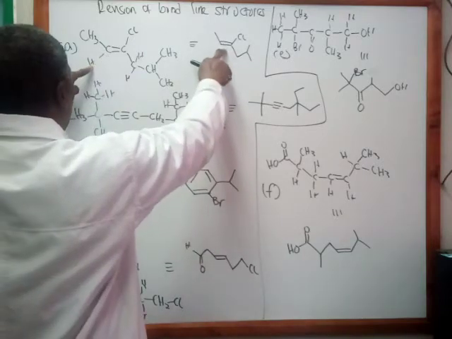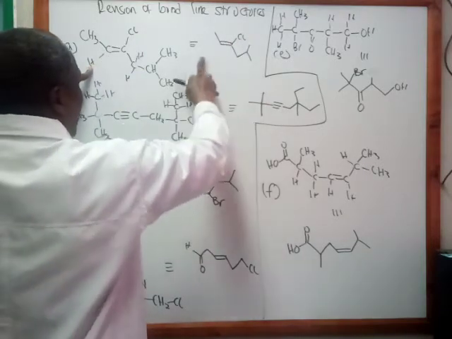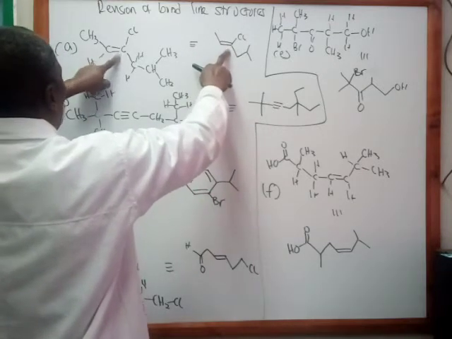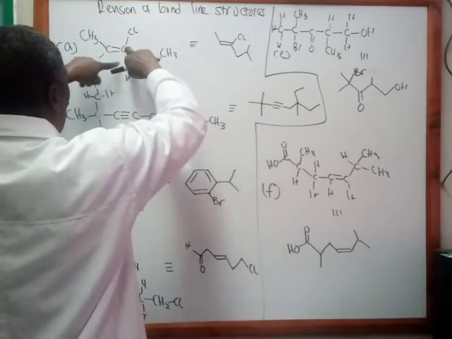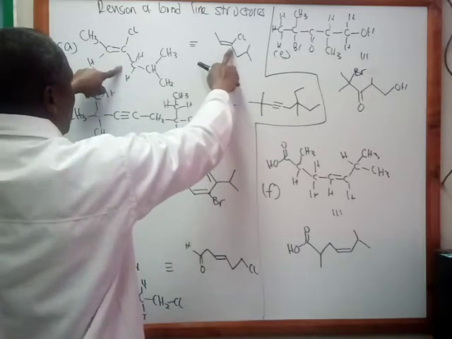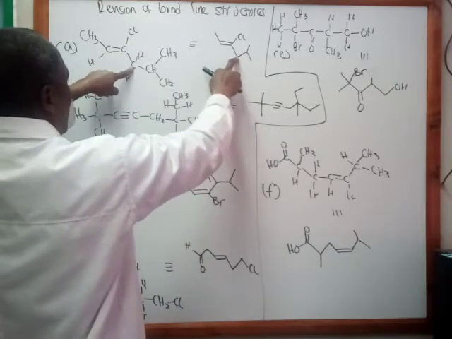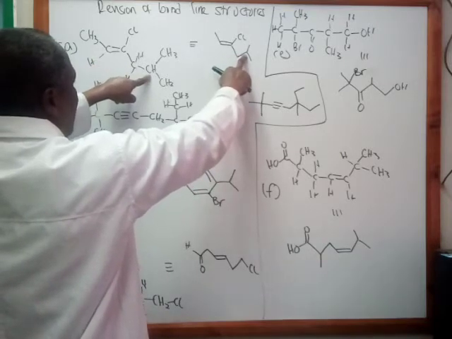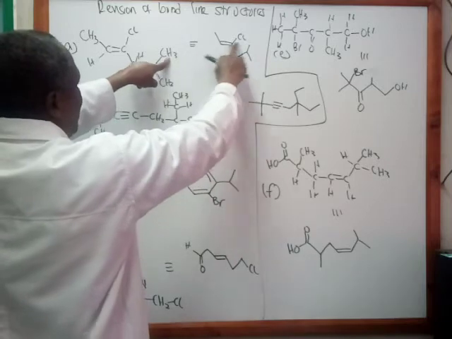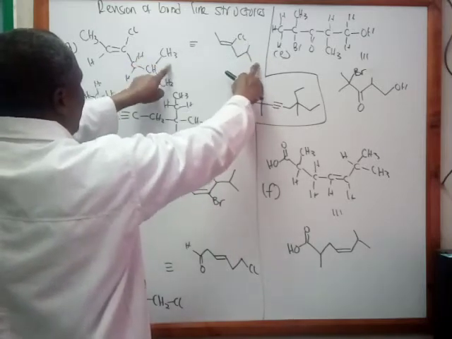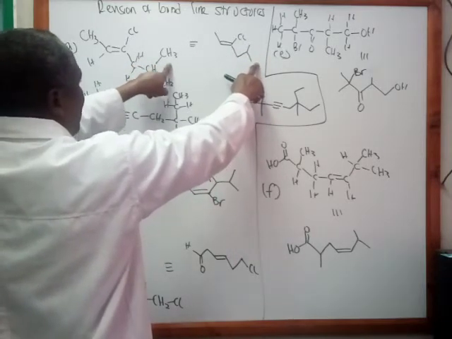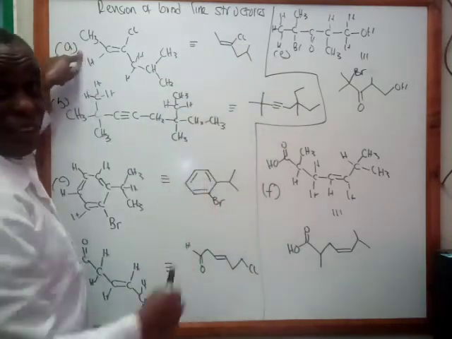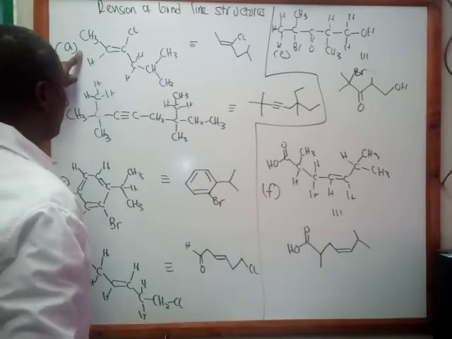Please note the hydrogen and the chlorine are on opposite sides of the bond. Then the carbon here, where there is the hydrogen and this bond is down. So this has CH2, this has CH2. Then there is a carbon with a hydrogen. So this is a CH3, this is another CH3. So this structure A converts to this structure. I believe it can be seen well on the board.